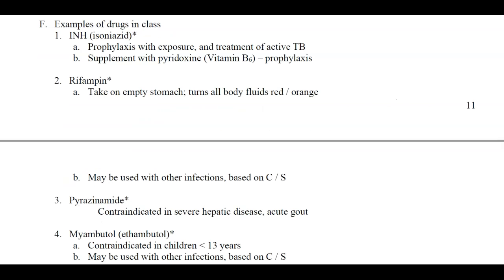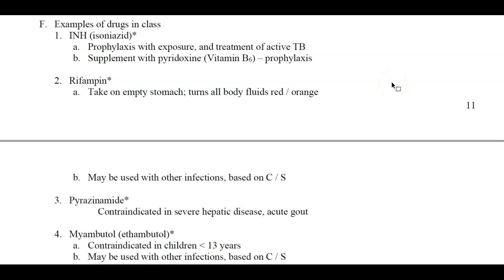Some examples of drugs that are considered antituberculosis include isoniazid or INH. This medication is used as prophylaxis with exposure as well as treatment of active tuberculosis.